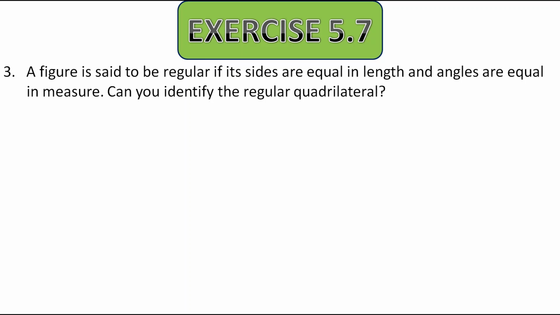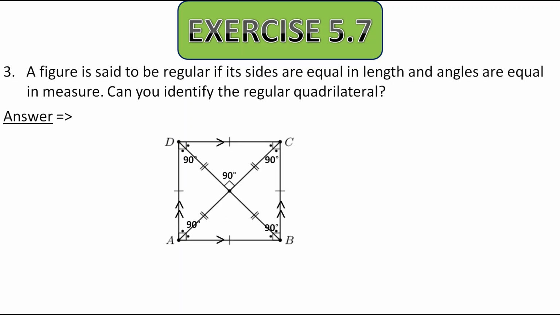So if you have gone through my video, then you all know that there is a quadrilateral which has equal sides and equal angles. And which one is that? This quadrilateral is called a square. Square has all the sides equal and all the angles equal. As you all know, if all the sides and all the angles are equal, then that quadrilateral is called a regular quadrilateral. So square is always a regular quadrilateral.